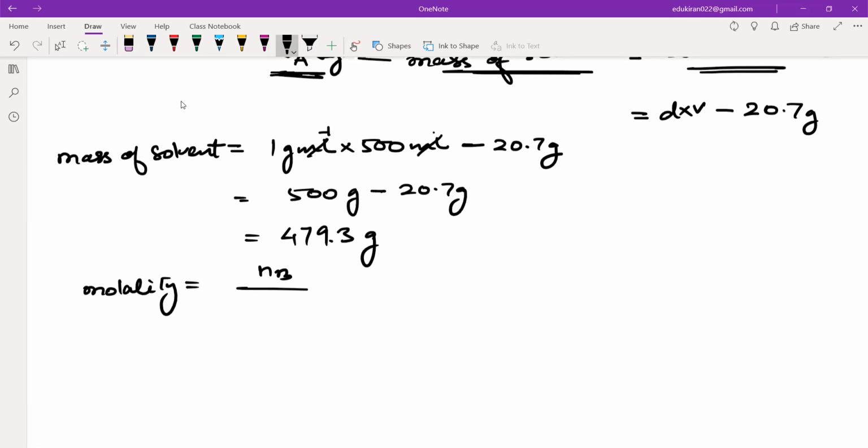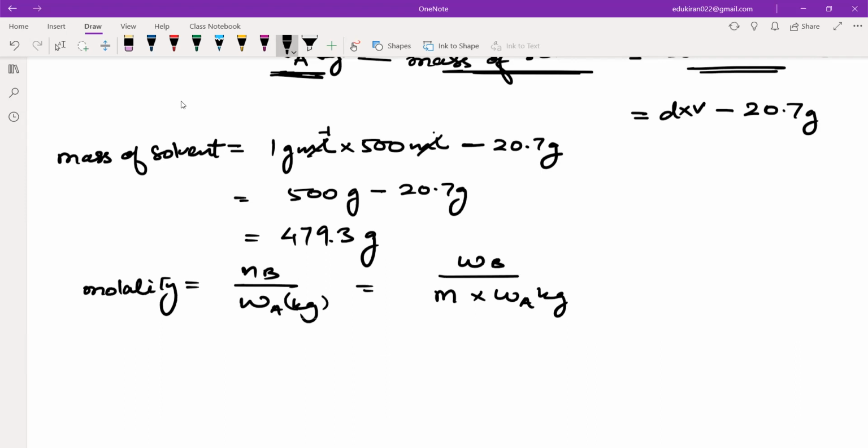Number of moles of solute divided by the WA in kg. So number of moles of solute I can write as WB by molar mass into WA in kg. Okay. So this will be equal to WB is equal to 20.7 divided by 138 into 479.3.